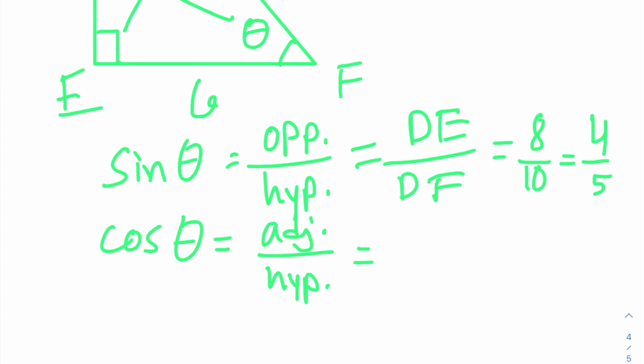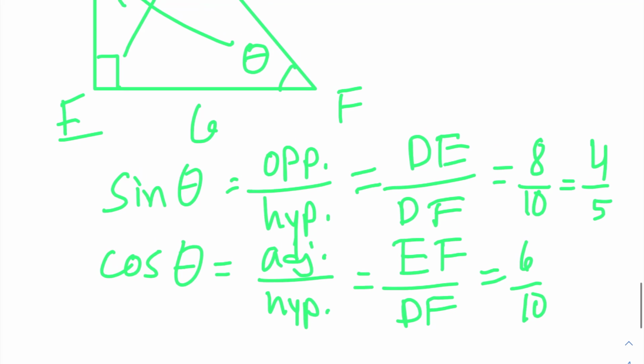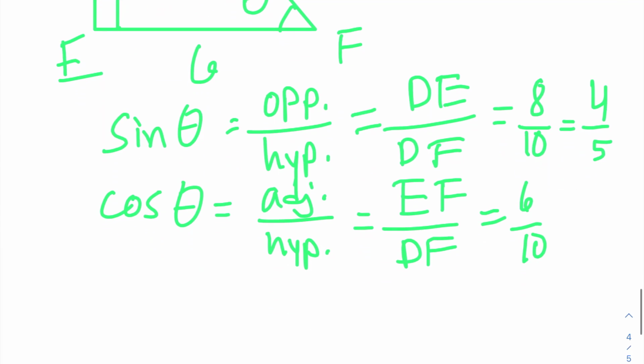So we have EF over DF, which is equal to 6 over 10, because we know the hypotenuse is 10, and EF is 6. And 6 over 10 can be simplified to 3 over 5. So cosine theta is equal to 3 over 5.